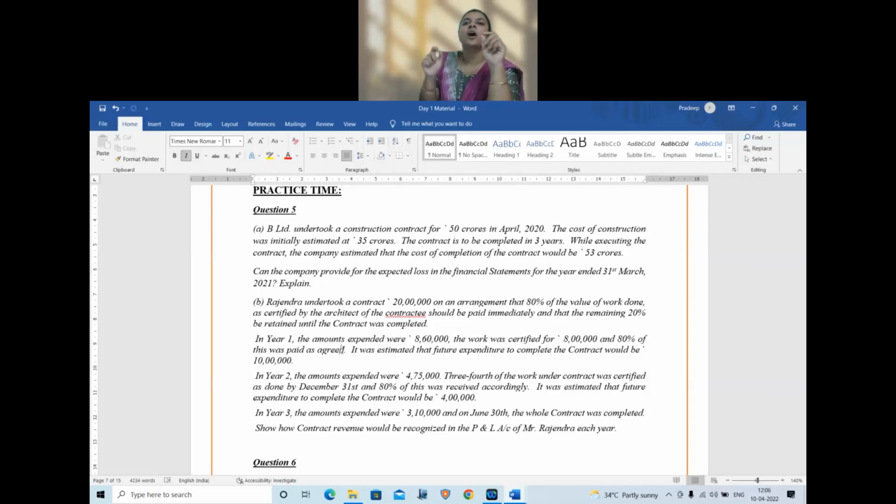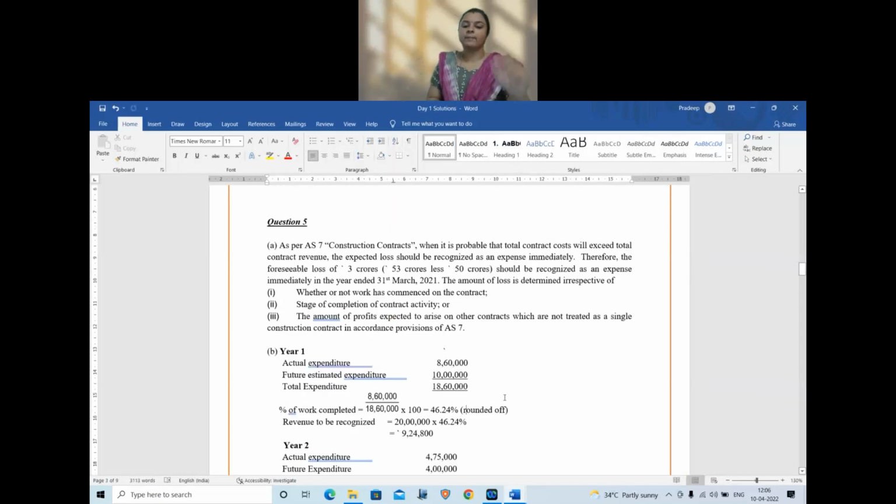Like in the second year, they have told us 3/4 of the work was certified. Some indication. So where we do not have enough information, we can go by the formula cost divided by total expected cost. Let me complete the year 1 calculation, then I will explain why you need to change the rule.